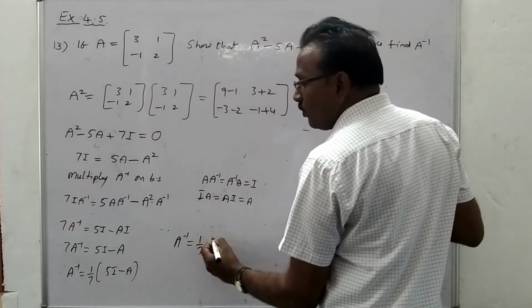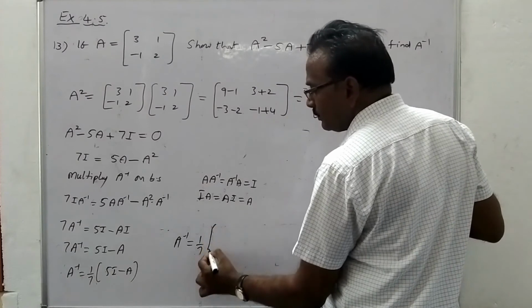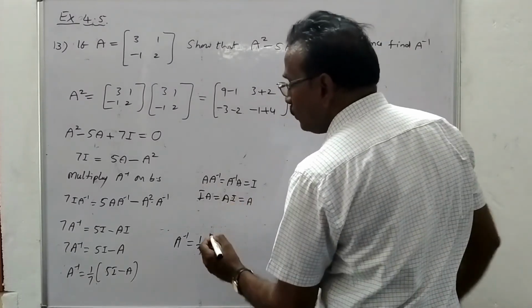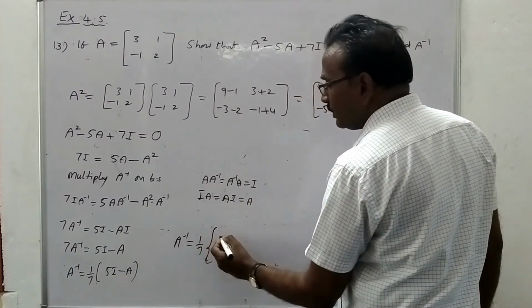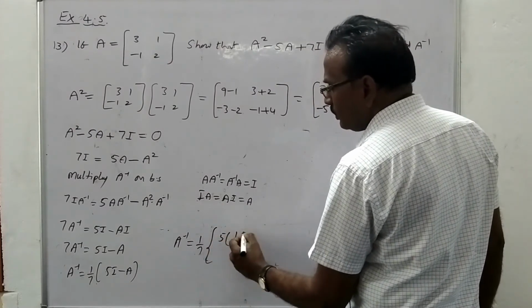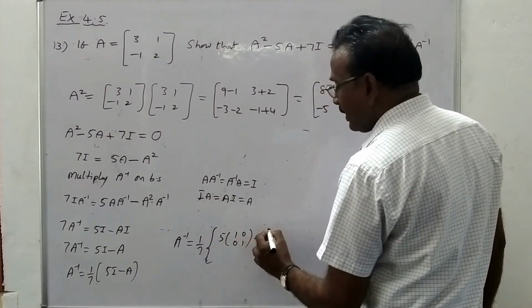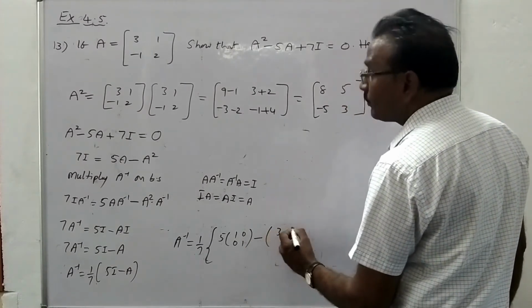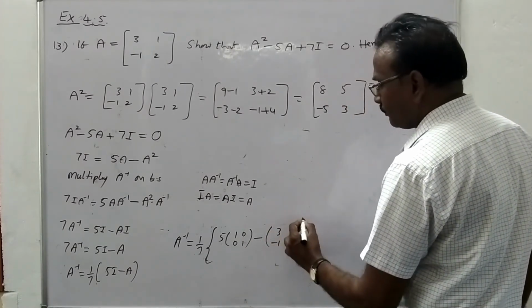So A inverse is equal to 1 by 7 into, what is 5 into the identity matrix? That is 5 into [1 0; 0 1] minus matrix A, which is [3 1; minus 1 2].